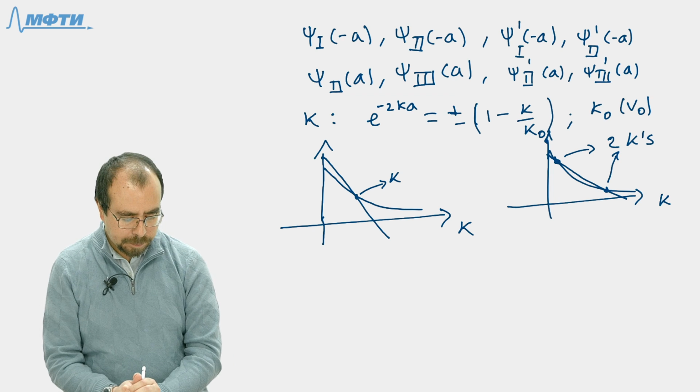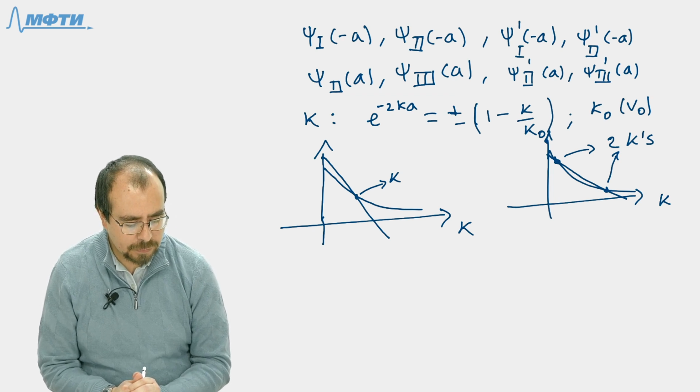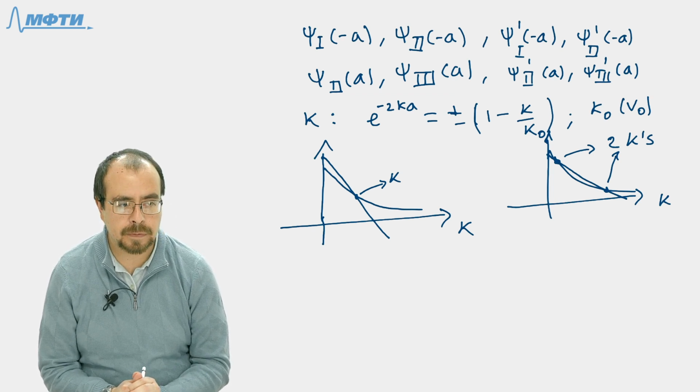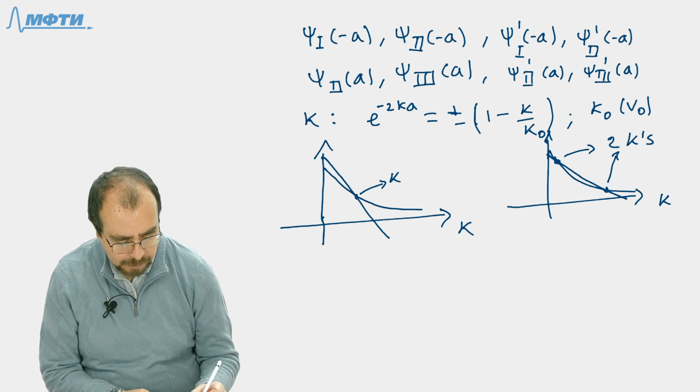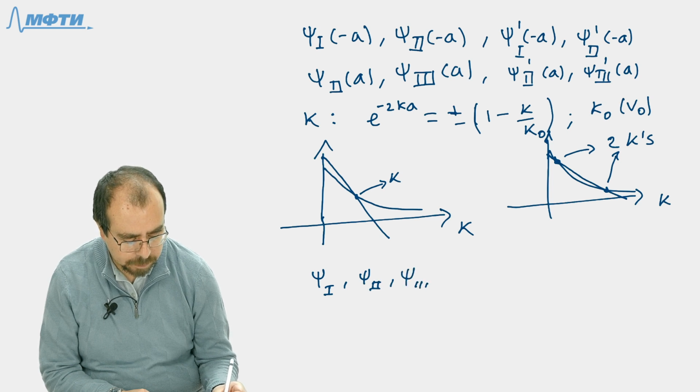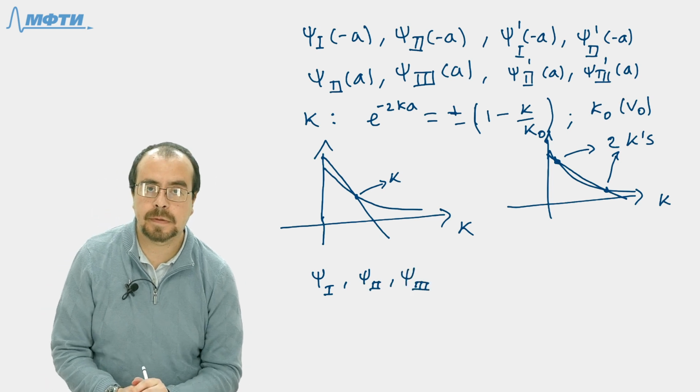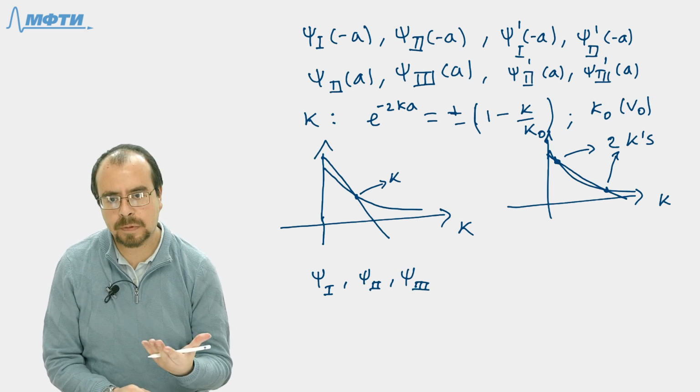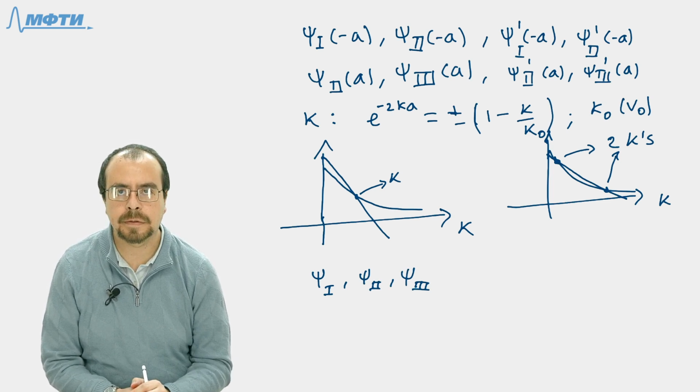So with these solutions, we can finally obtain our wave functions psi1, psi2, and psi3, which are all defined in terms of this parameter k. But most importantly, we can obtain the energy.